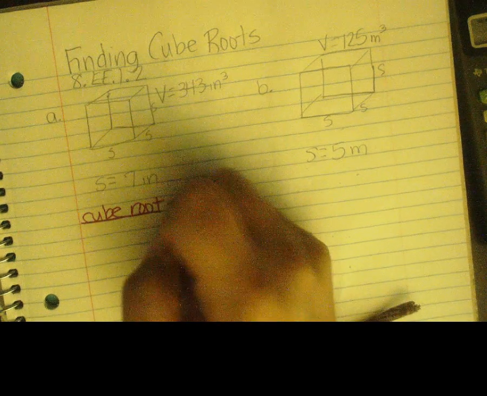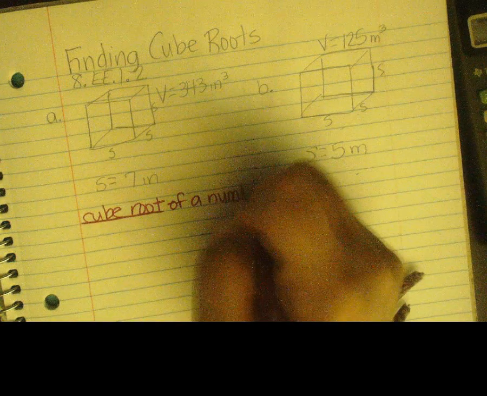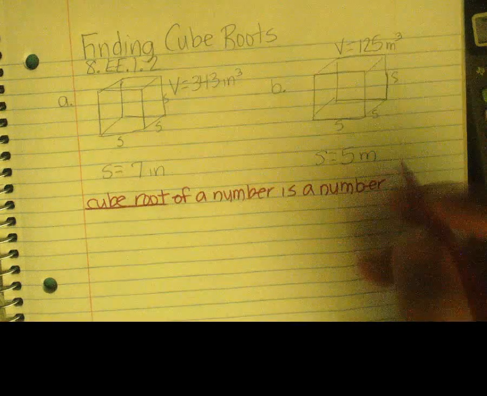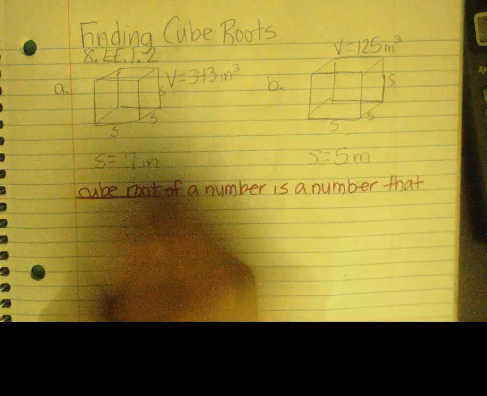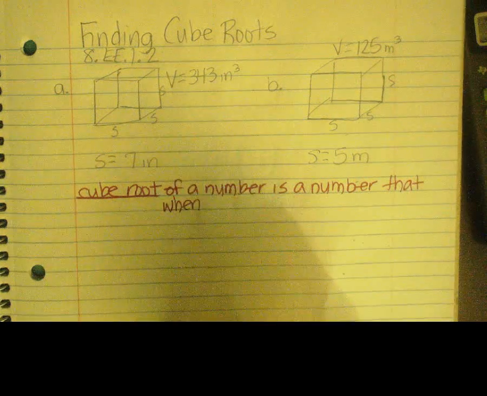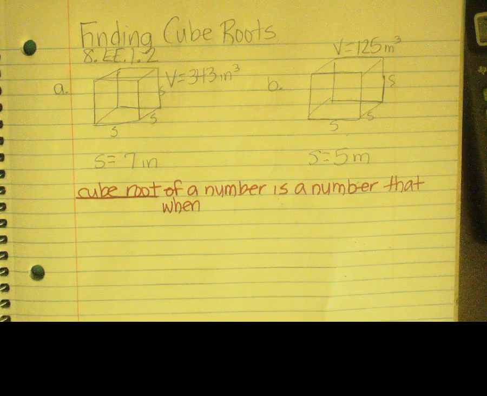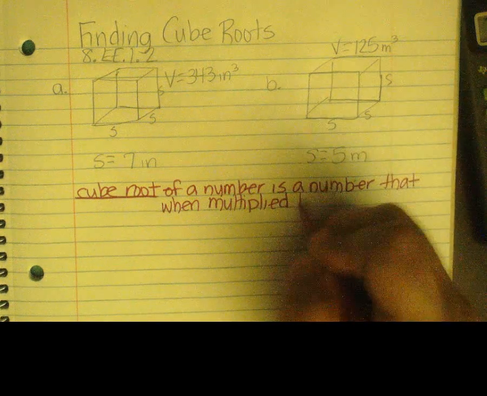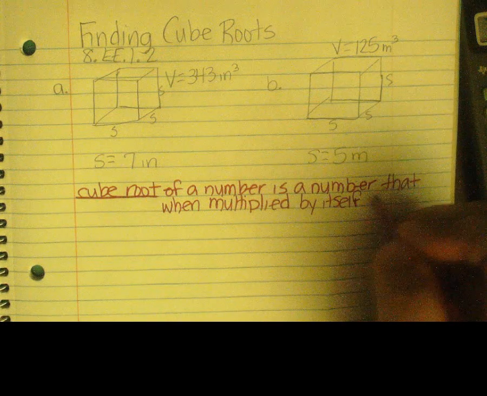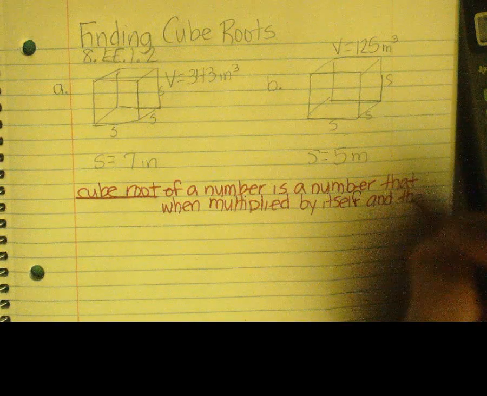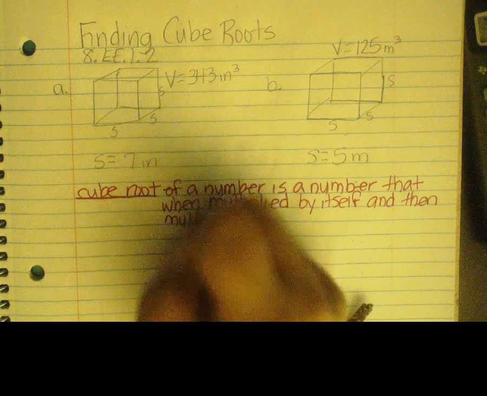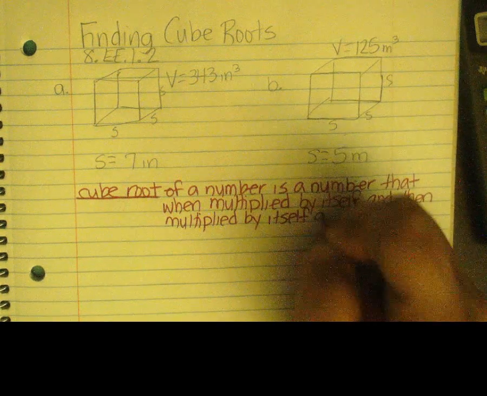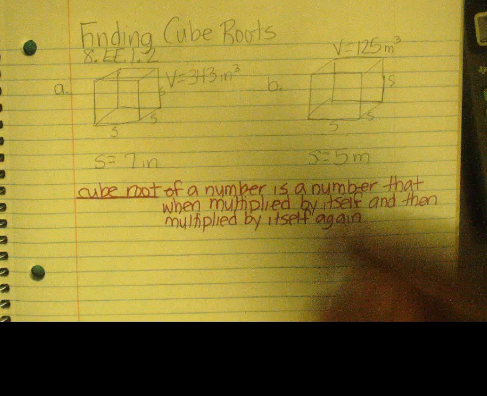The cube root of a number is a number that when multiplied by itself, and then multiplied again by itself, equals the given number.